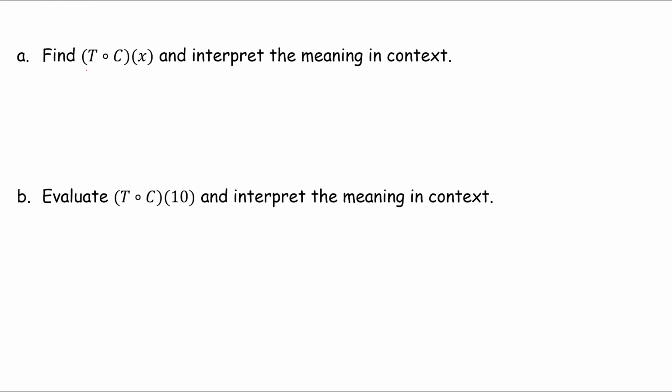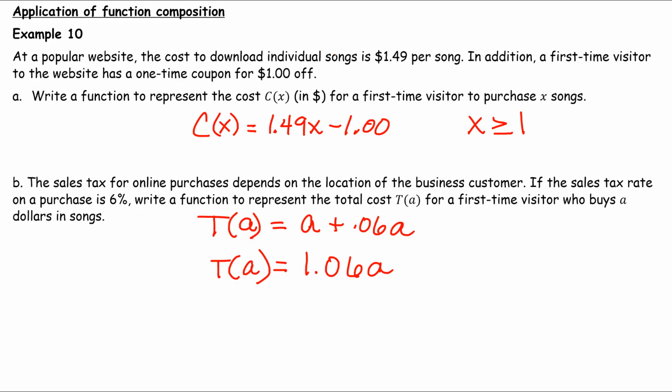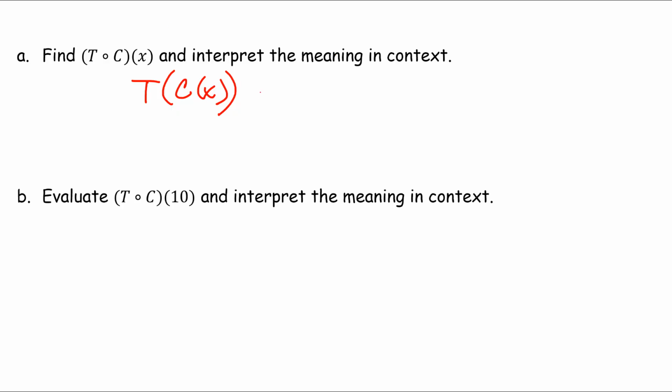And now you want to find T of C of x and interpret the meaning in context. So T of C of x, you're going to take the cost function, which is, if we go back, $1.49x minus $1. So that is the cost function. You're going to take that and put it into the T function. So T of $1.49x minus 1.